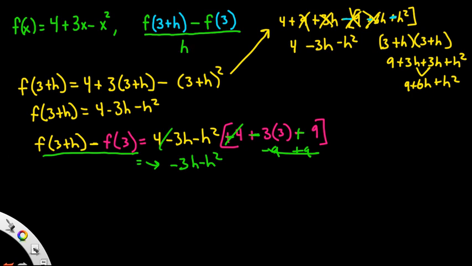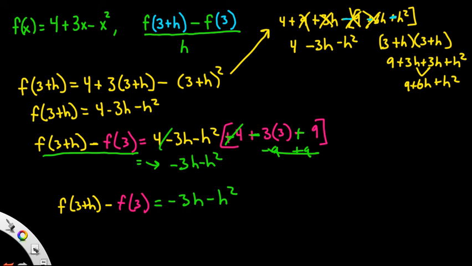Alright, so final part. So we've got f of 3 plus h minus f of 3 equals negative 3h minus h squared. Now for this third part, all we have to do is throw an h under there.